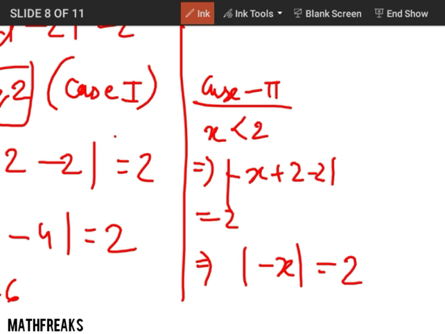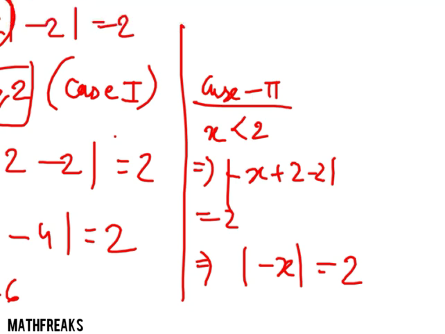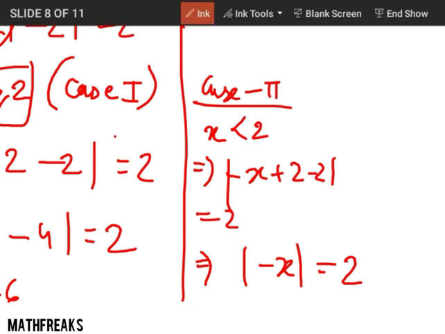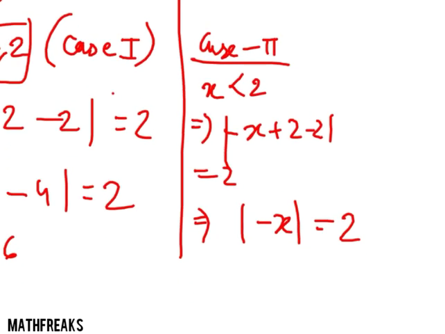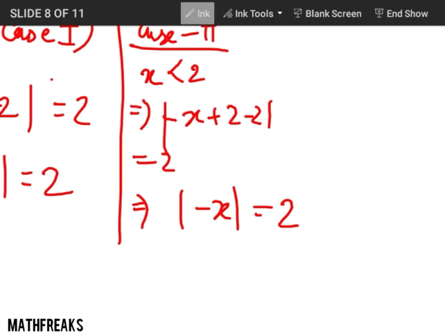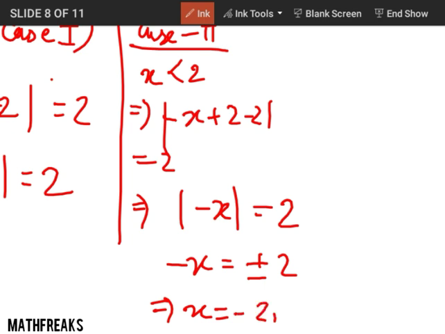Now again you open it, this can be plus minus 2, right? Minus of x mod is equal to 2, so we can write this minus of x is equal to plus minus 2, correct? So what we get here is x is equal to minus 2 comma 2, correct?